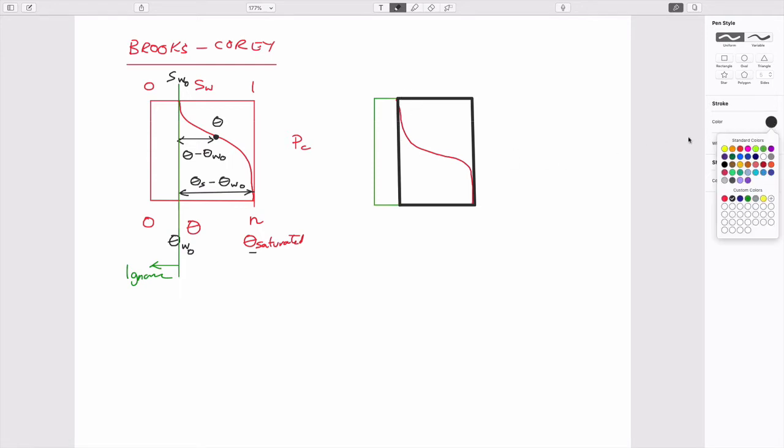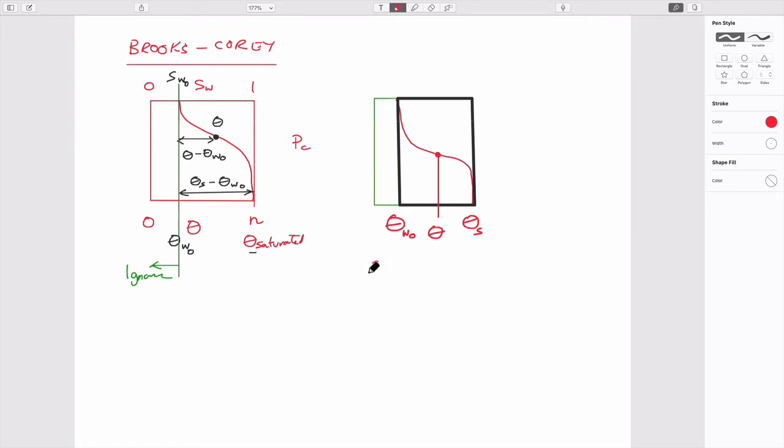And what we're going to do is define this behavior on the bottom so that we start at the irreducible saturation of the water, which is defined as a volumetric moisture content, the location where it's fully saturated, and the location where we have a point, which I guess would be this point here, which would be the actual volumetric moisture content we have.